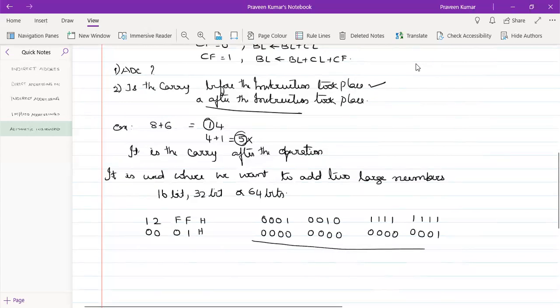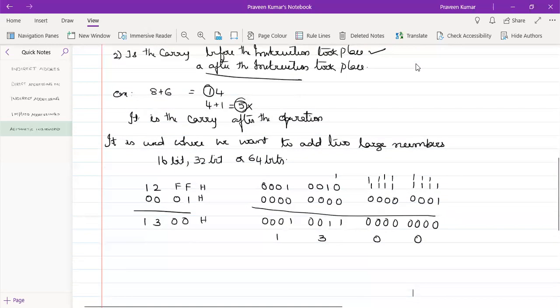If I add this entire 16-bit number, there is a carry from this one, giving 0001 0011 0000 0000, that is 1300H. In whatever way we do, there is no problem for us.